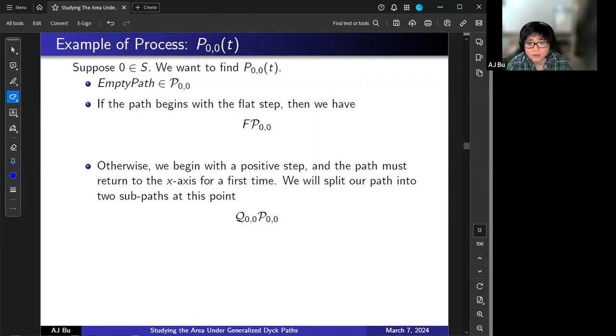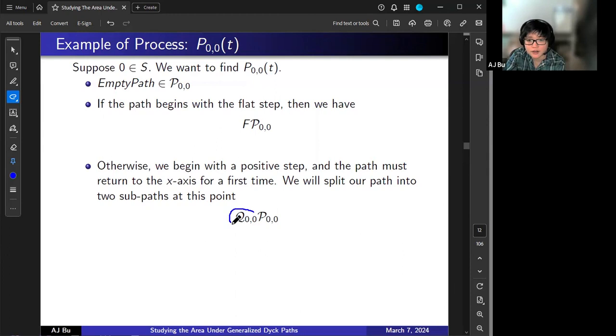Otherwise, we're going to have to begin with a positive step, right? Because we can't start with a negative step, because then we'd have negative height. And therefore, the path must return to the x-axis for the first time. You know this because we end at height 0, so we have to hit height 0 again. So we're going to split our path into two subpaths at this point and write it as Q00 P00.